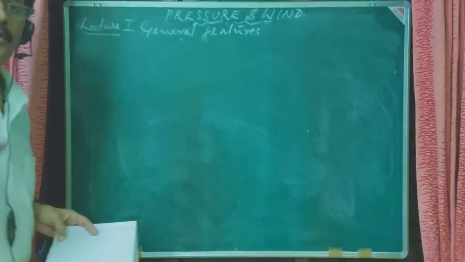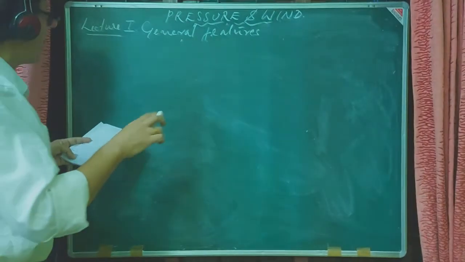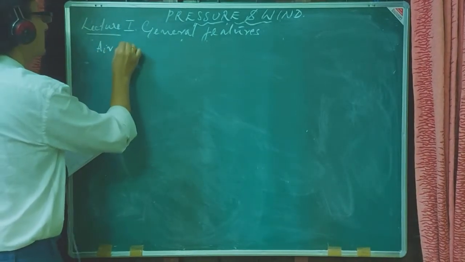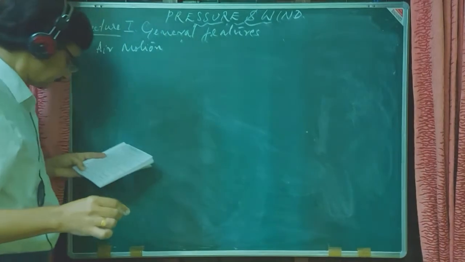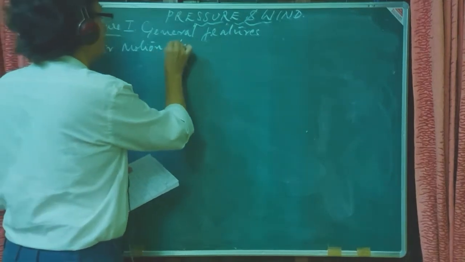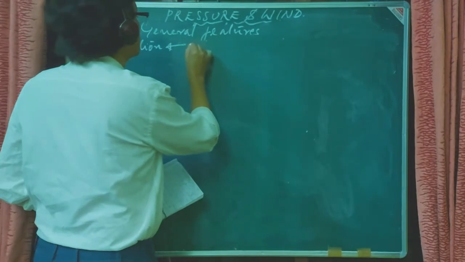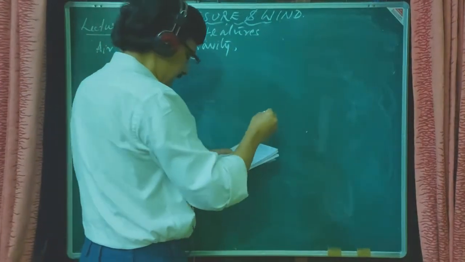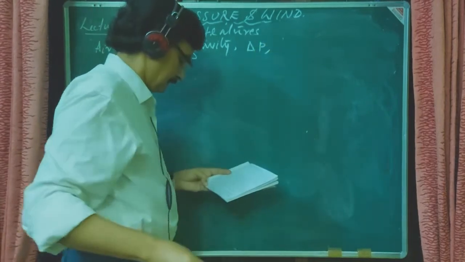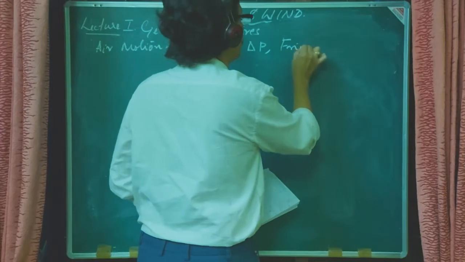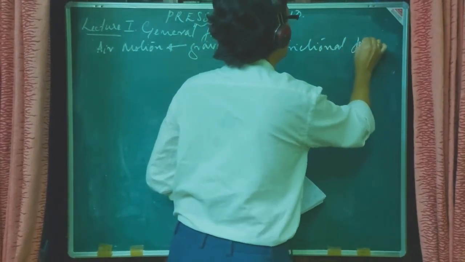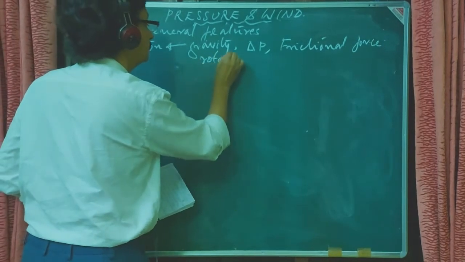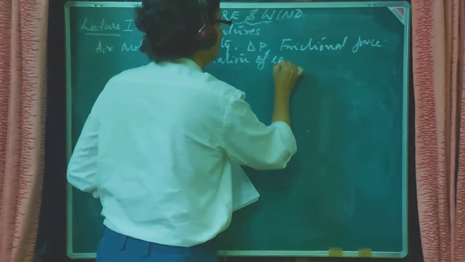This atmospheric motion, air motion or wind, is modified by several forces, that is, air motion is controlled by the gravity of the earth, the gradient in atmospheric pressure delta P, the friction of the earth or frictional force, and the rotation of the earth.